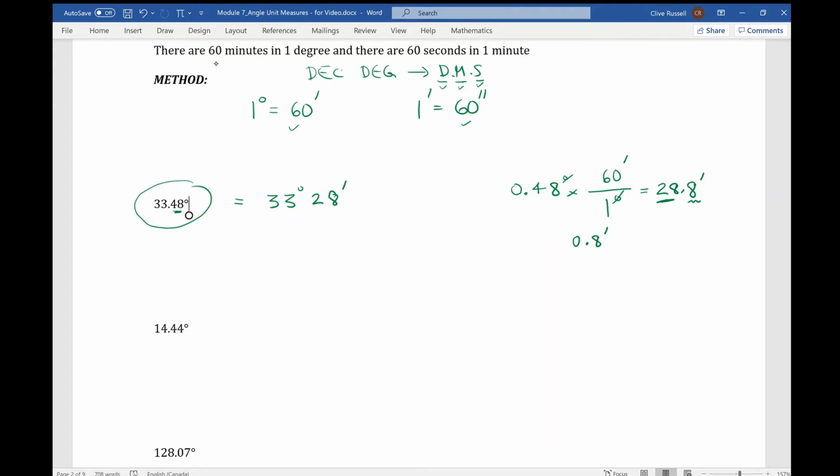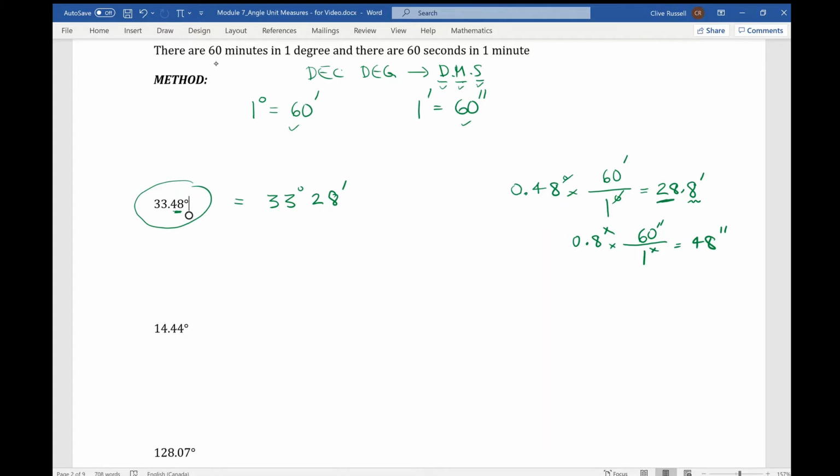We want to now convert that to seconds. So again, we're using the 1 minute is 60 seconds. We have minute in the numerator, so we want 1 minute in the denominator. So we have 60 seconds there. So the minutes go, and we take our 0.8 and multiply that by 60, and we get 48 seconds with no remainder.